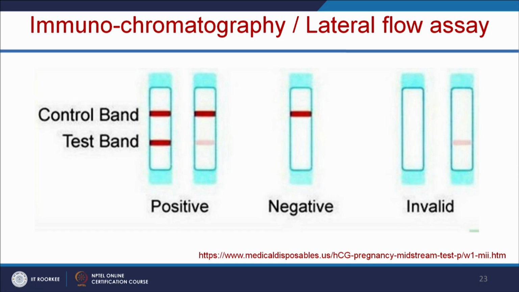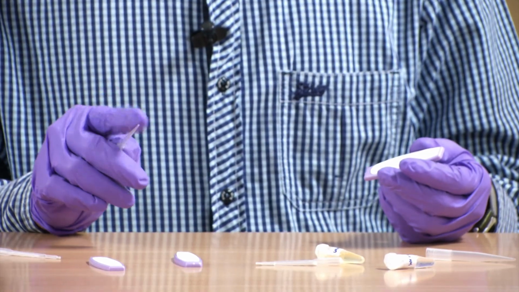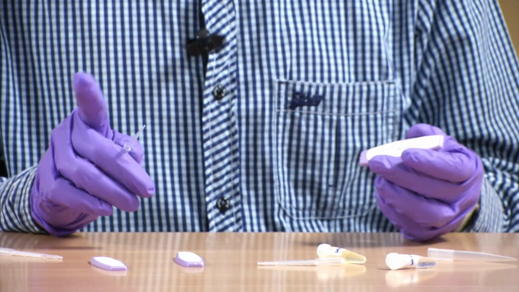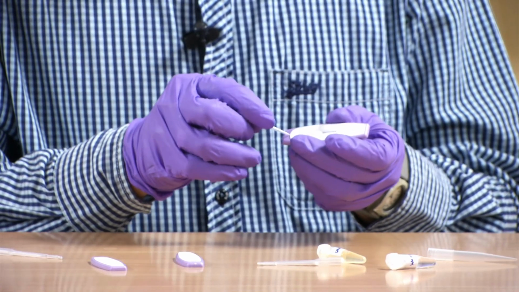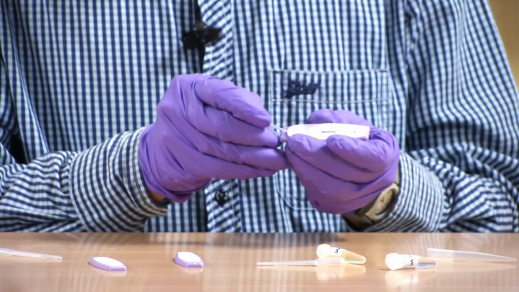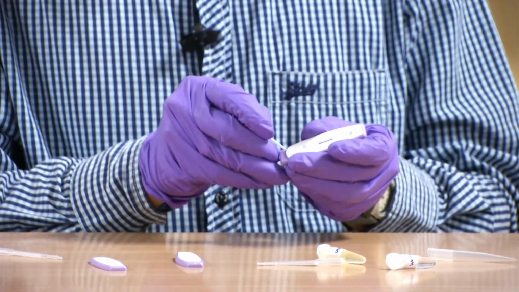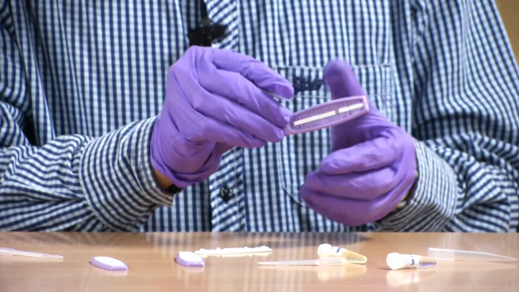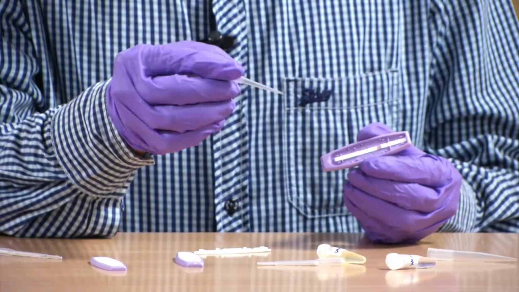I will show you the demonstration of lateral flow assay using the pregnancy test kit, so you can easily understand the concept. Let me explain the principle using a simple pregnancy test kit. First I will open this kit and show you the arrangement of various pads. As I told you earlier, this lateral flow assay contains various pads.